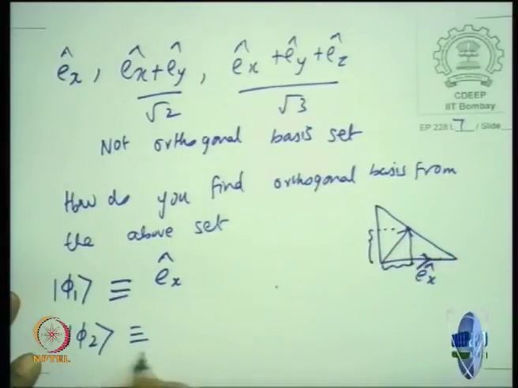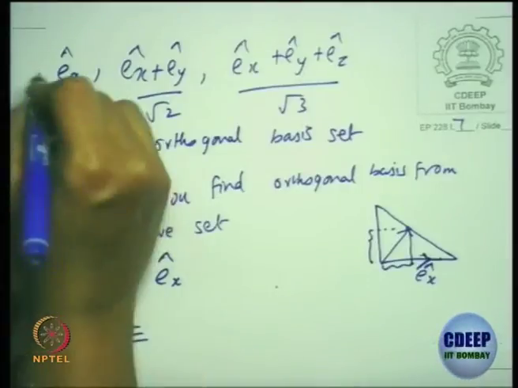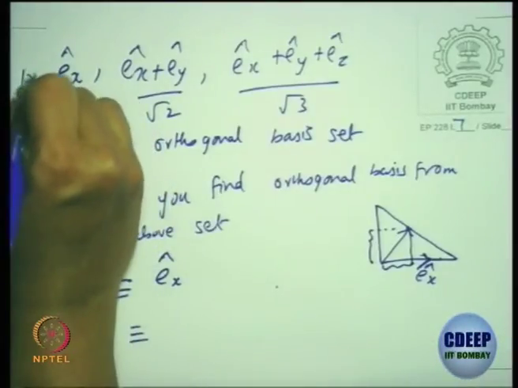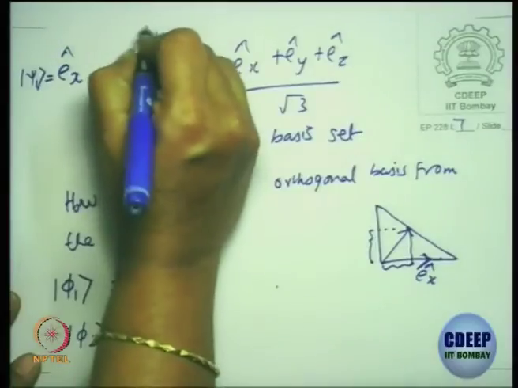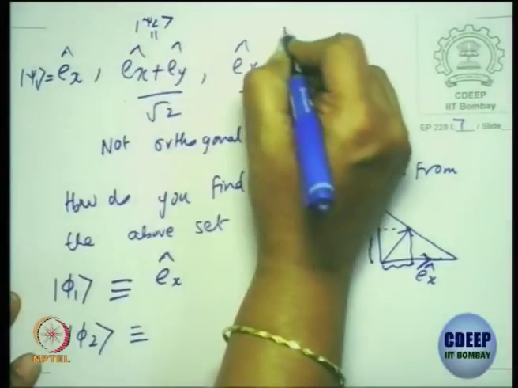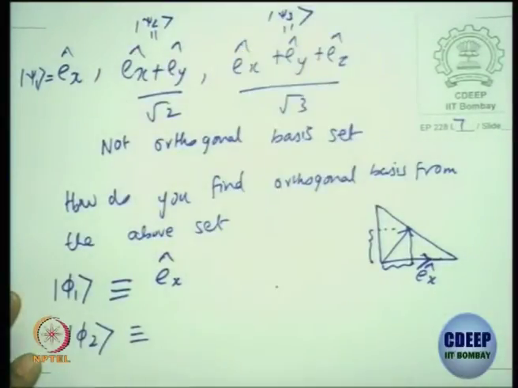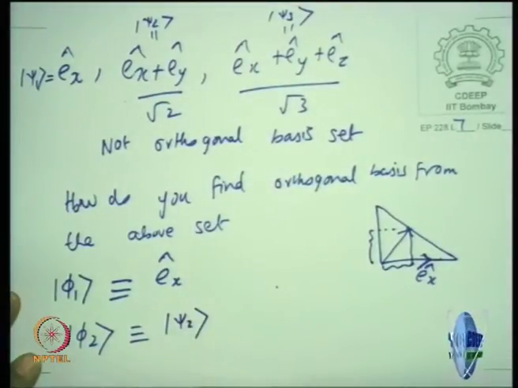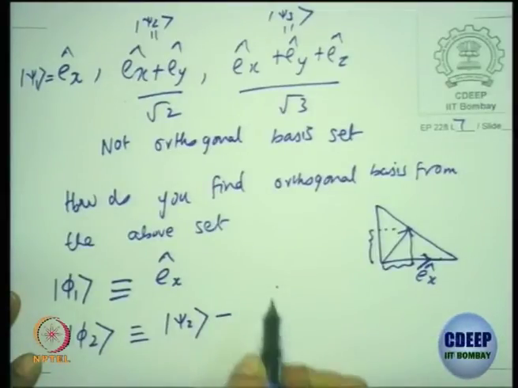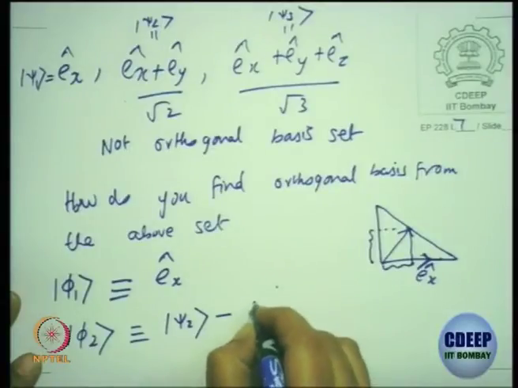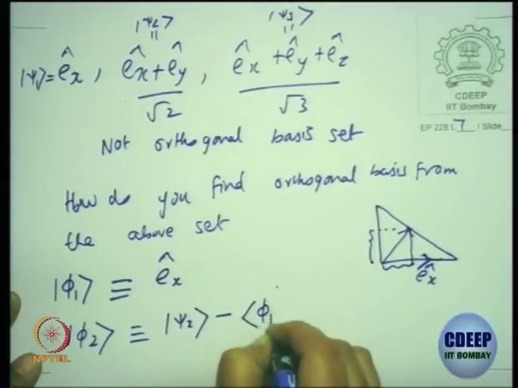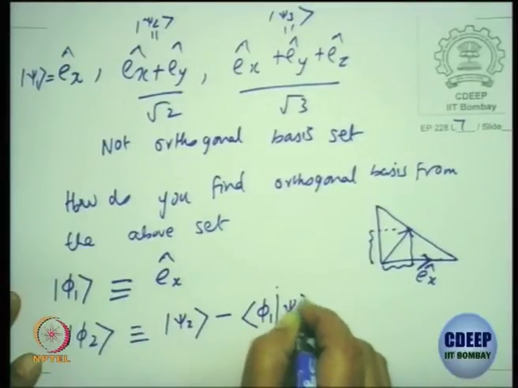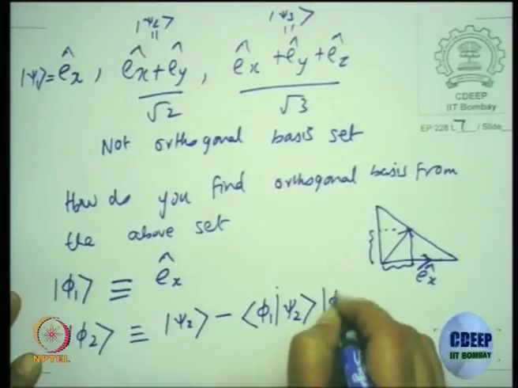So let's write this in this notation for phi 2. Suppose I call this psi 1, this psi 2, this psi 3. Phi 2 will be psi 2 minus the projection, which we have to do with phi 1 on psi 2, taken along phi 1.